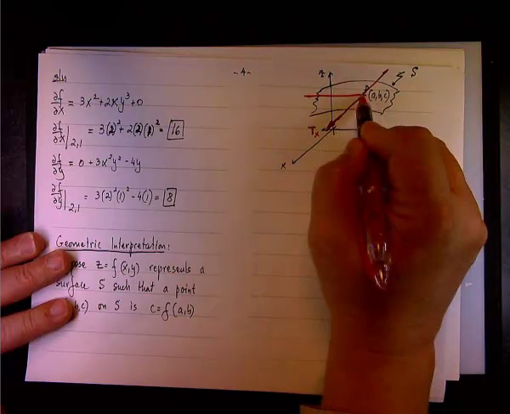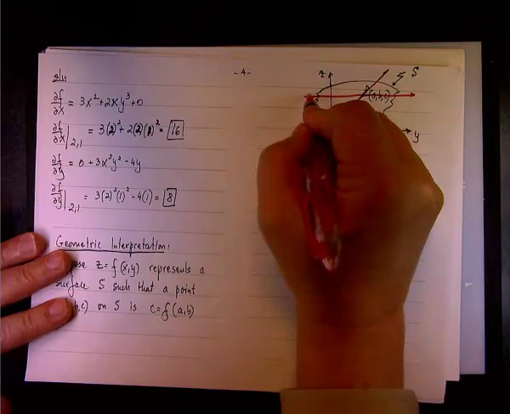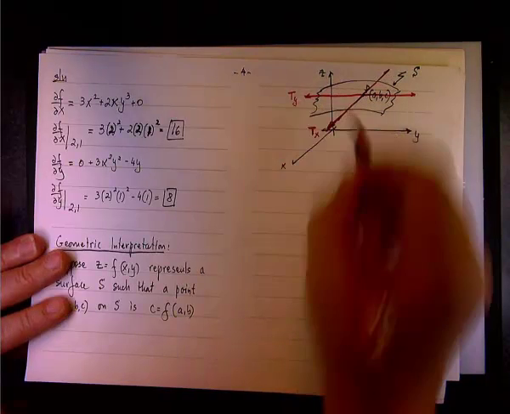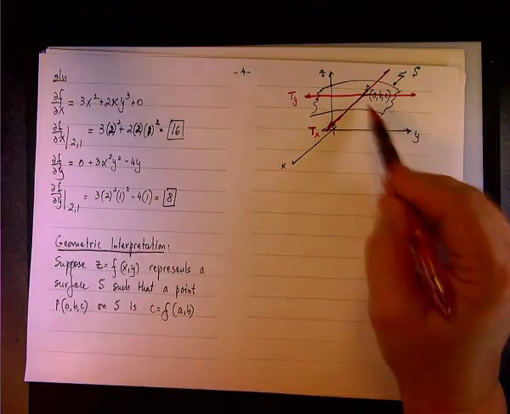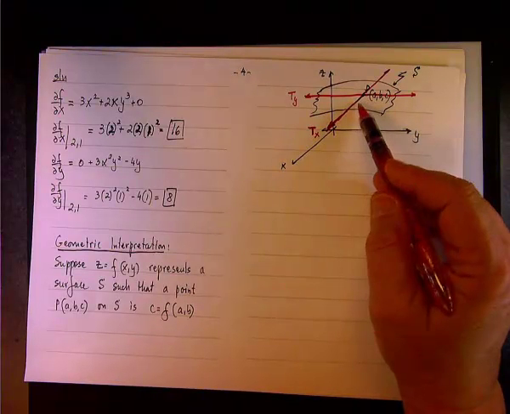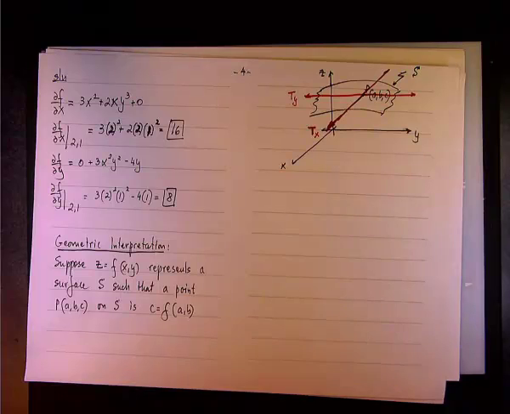Likewise, the partial derivative with respect to y gives you another tangent line. We'll call it t sub y. And the value of the partial derivative at this point is the slope of this tangent line at this point.